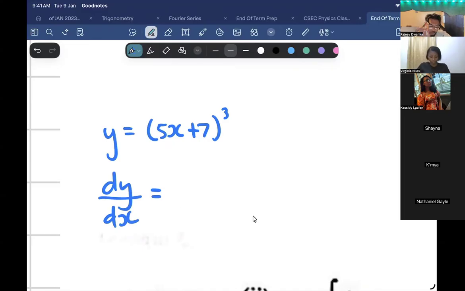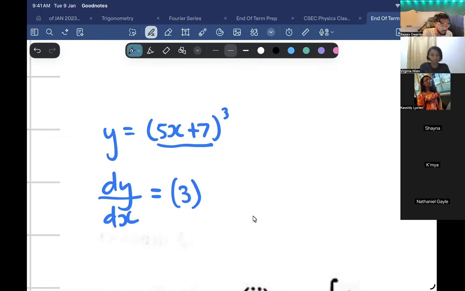All right. So when you're using the shorthand version of the chain rule, you're gonna pre-multiply by the power. So what's the power over there? 3. So I'll say 3 in front. Then I'm going to differentiate the inside. What's on the inside? 5x plus 7.